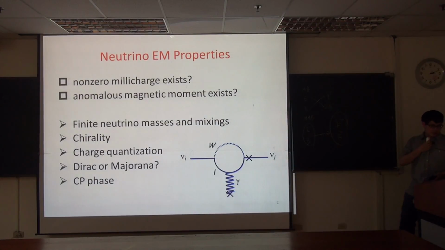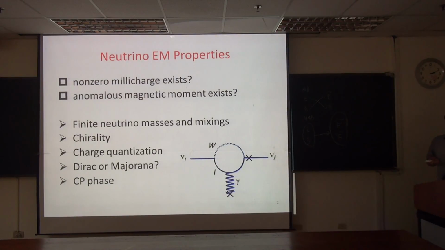Another one is, we know from this diagram, if we insert a mass term in the extended model, this can lead to a small magnetic moment for the neutrinos.